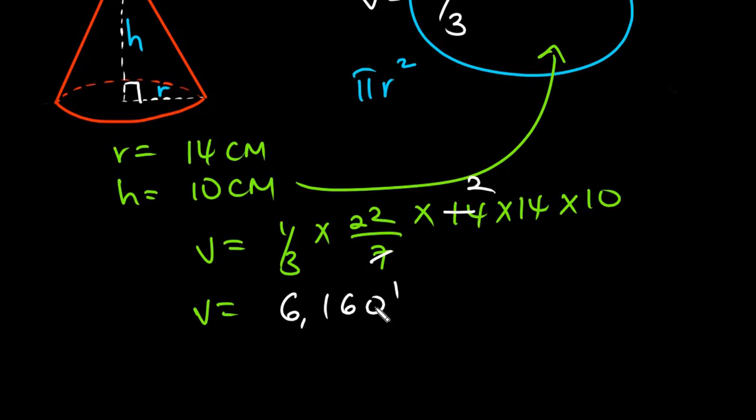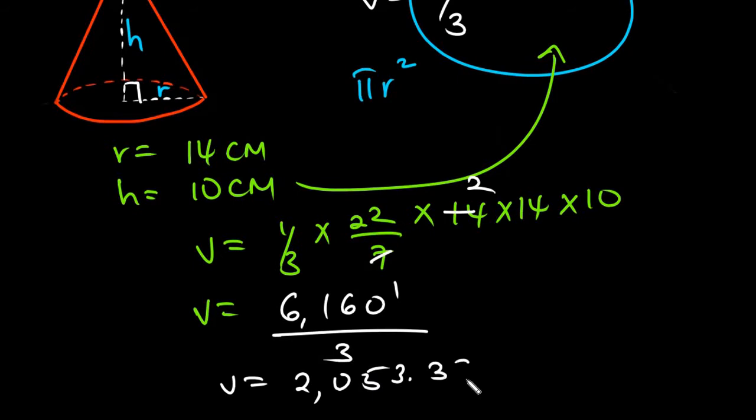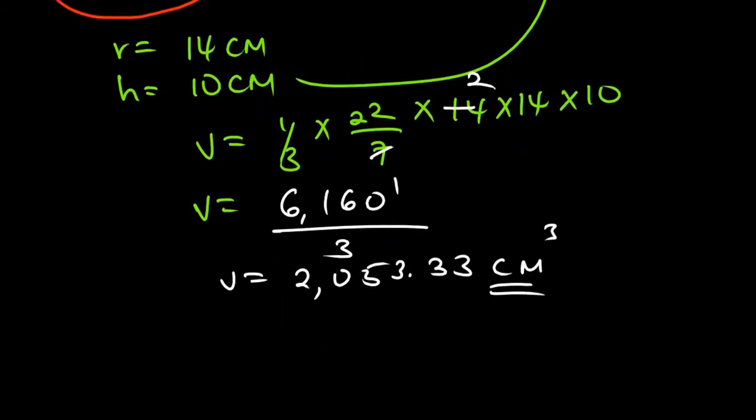You can work this out using your calculator or even manually, and then divide by 3. So the volume is going to be 2053.33 cubic centimeters. Do not forget to indicate the units, that is cubic centimeters.